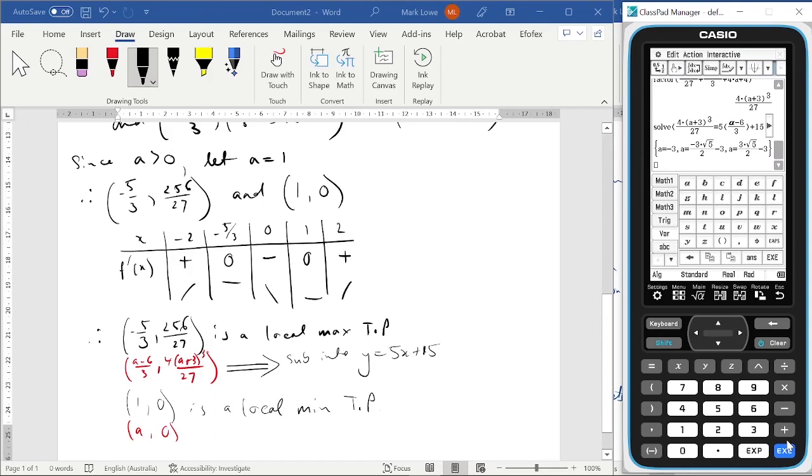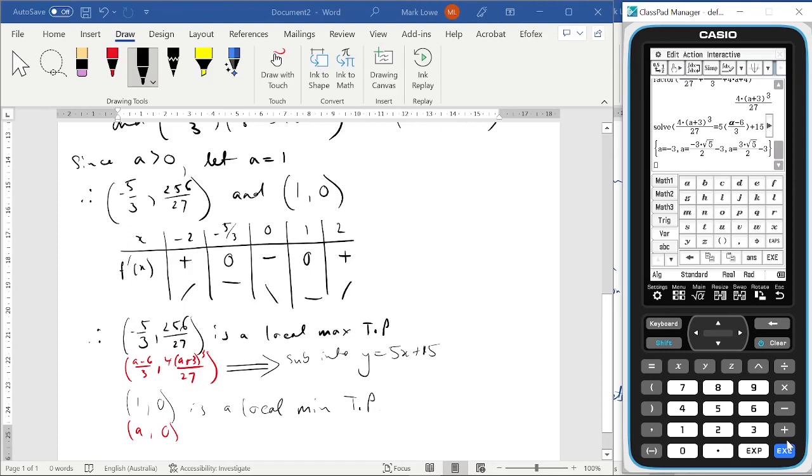Okay, and because it's a cubic, it's giving us 3 solutions. a is -3, or -3 root 5 over 2 minus 3, or 3 root 5 over 2 minus 3.